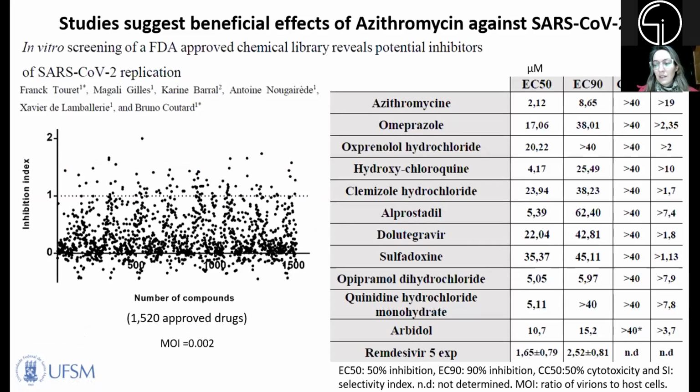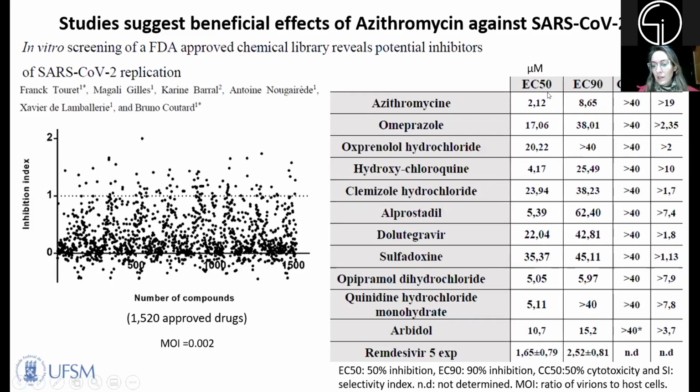In this study, Torres and co-workers screened several approved drugs in an infected cell-based assay. Azithromycin presents antiviral potency with an EC50 of 2 micromolar.